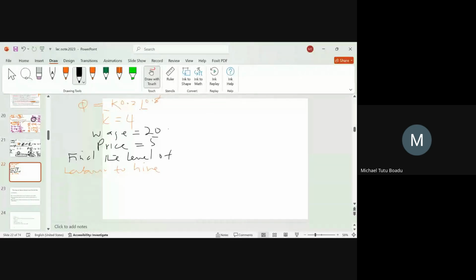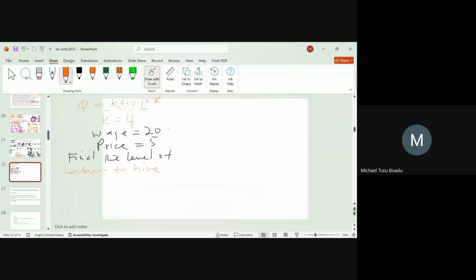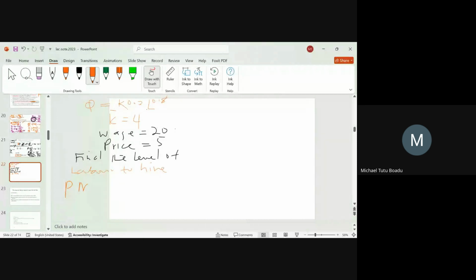To be able to solve this question, that is what I am explaining here. You have to establish this condition, that the price of the product times the marginal product of labor should be equal to wage, W, before you can determine the amount of labor to hire.